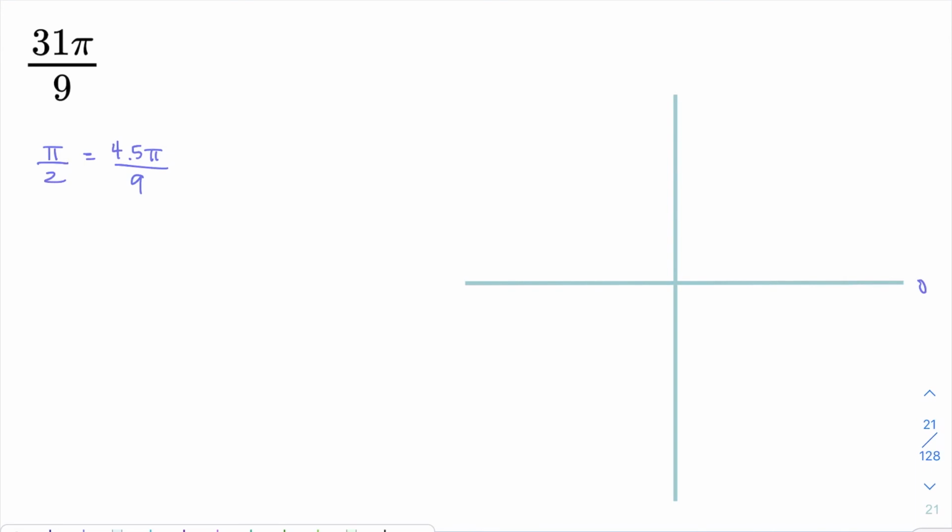So I start at 0. Then I go 4.5 pi over 9. I go another 4.5 pi over 9. Every single quarter turn is pi over 2, which in this case we're thinking of as 4.5 pi over 9. We just did this in the last unit: when the denominators match, you can add the numerators. So 4.5 plus 4.5 is 9, so this is going to be 9 pi over 9.